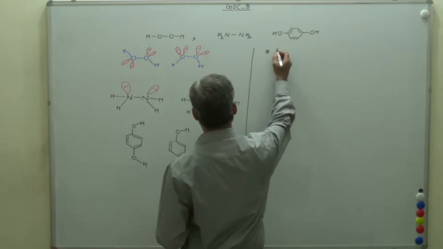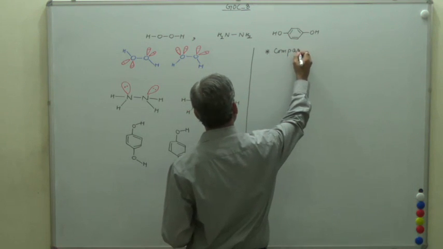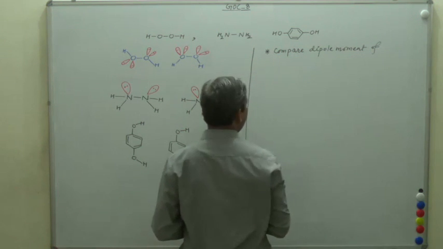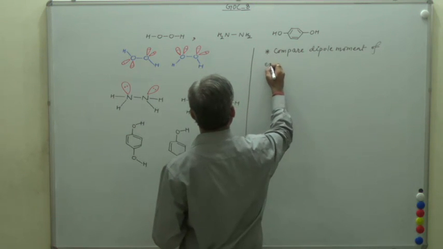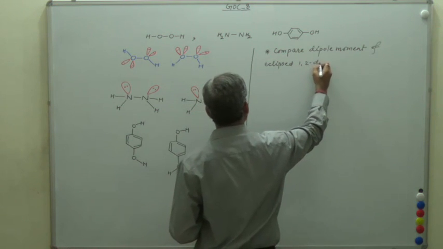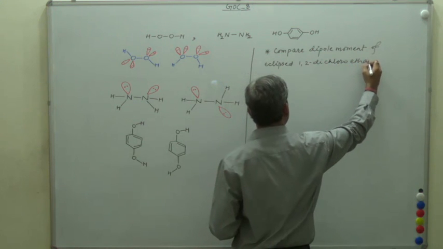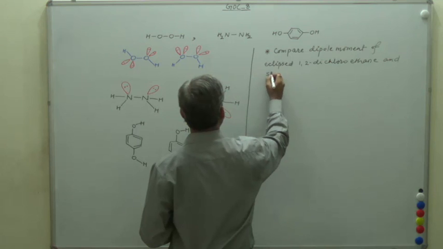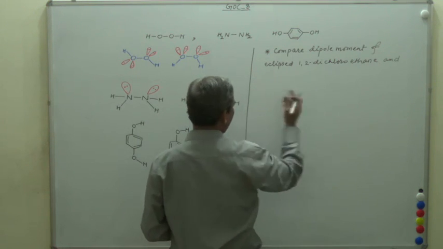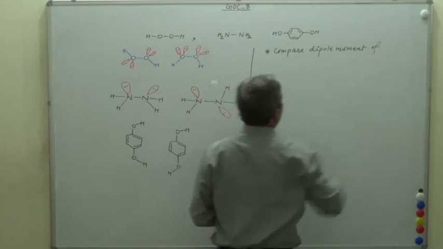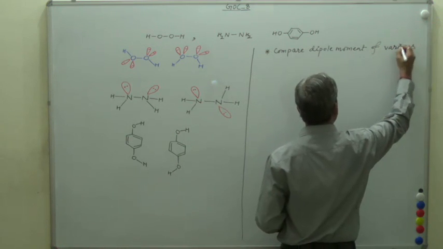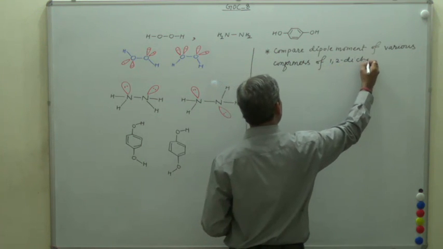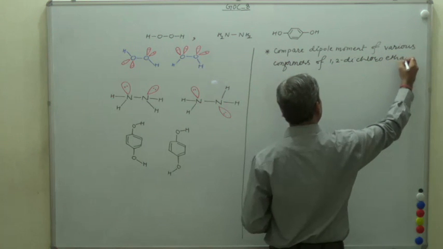For example, if we have to compare the dipole moment of eclipsed 1,2-dichloroethane and compare the dipole moment of various conformers of 1,2-dichloroethane.